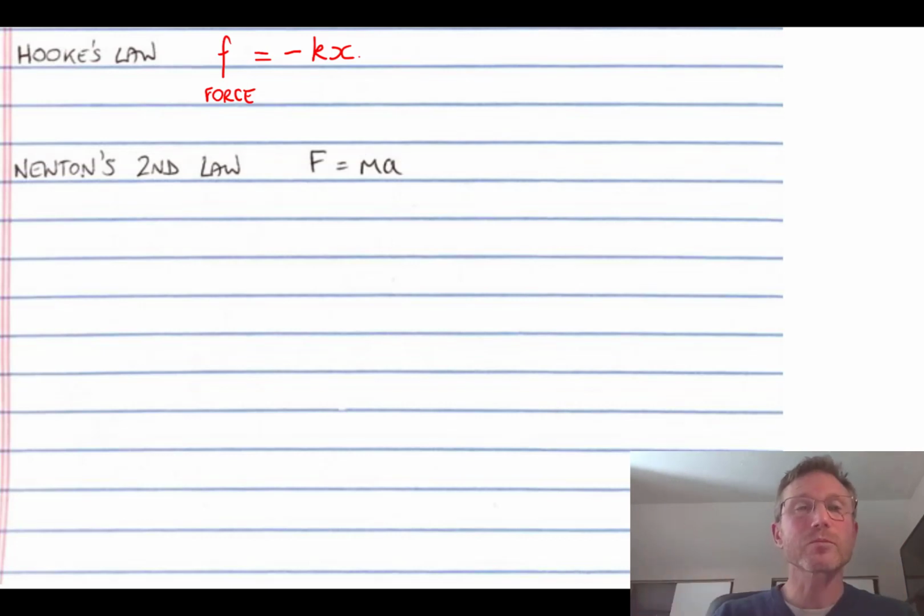Okay, so we're going to say that because it's a restoring force, we've got this minus sign in here. So the force is equal to minus kx. And k we're going to say is the spring constant, or the Hooke's law constant.